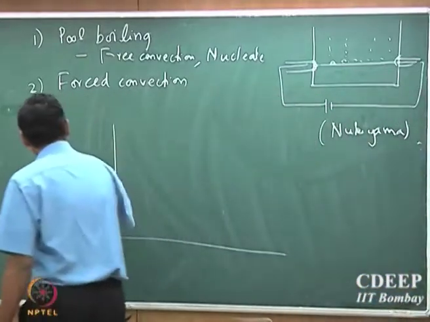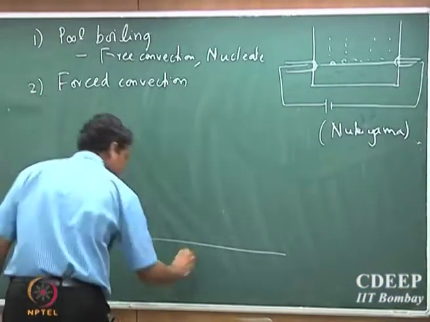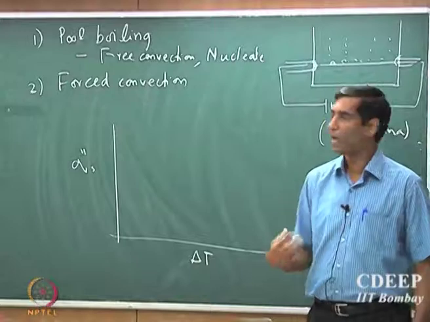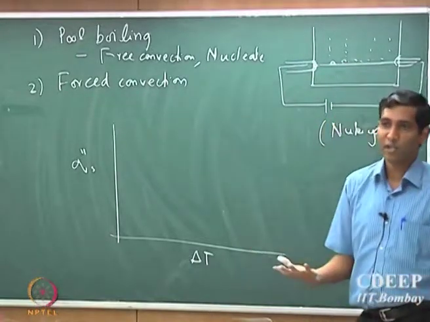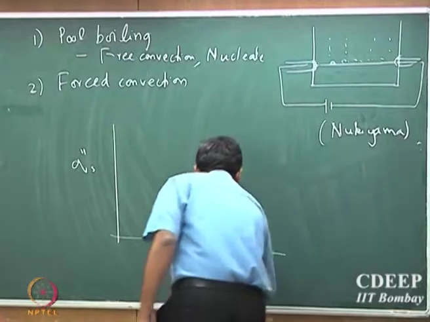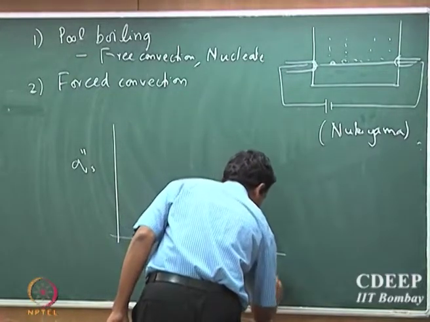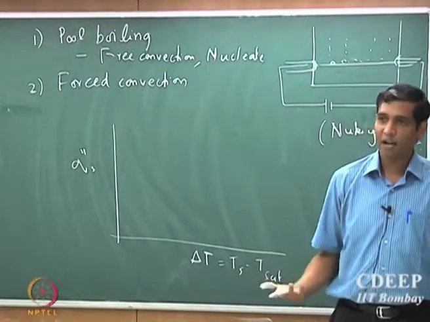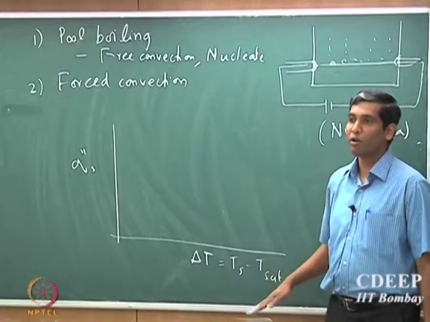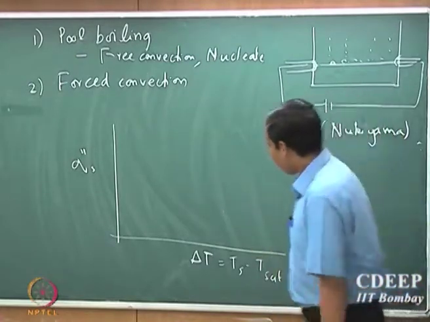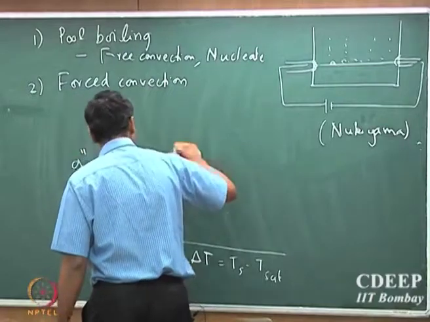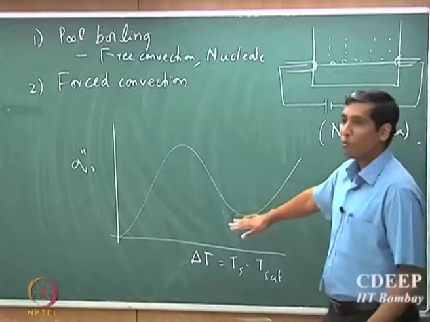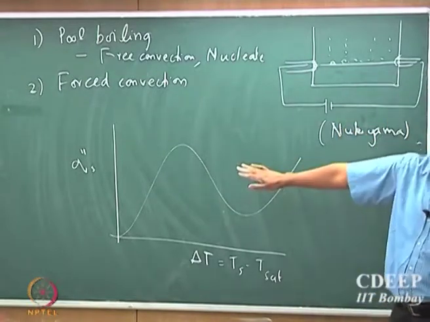So you make a plot between Qs and delta T. Here we assume that when you start the experiment, the fluid is almost at the saturation temperature. So this is Ts minus T sat. Note that the saturation or boiling temperature is fixed for a given fluid under given conditions. So what he observed was something like this. We are going to explain why you get such a curve and what its significance is.